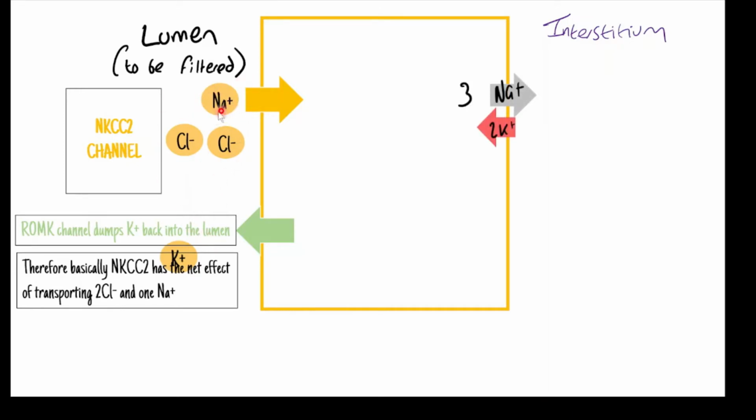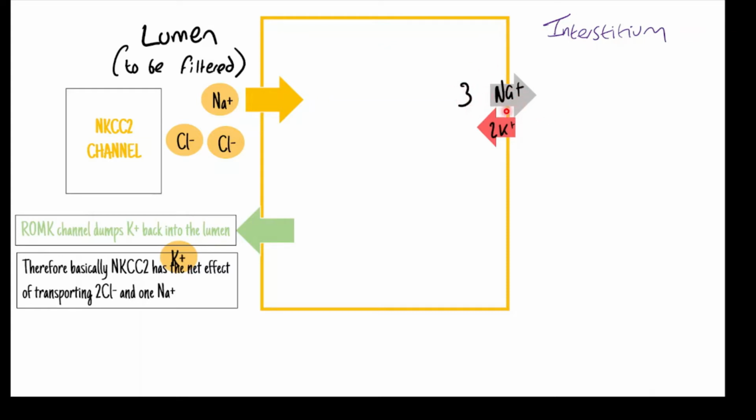The corresponding channel of sodium on the basolateral membrane is your classic sodium potassium antiporter. So sodium is brought in to the epithelial cells via NKCC2 and then pumped out into the interstitium via your antiporter. This channel here is probably the most important one in the thick ascending limb, right? Remember, the point of the thick ascending limb is to get the medulla salty.